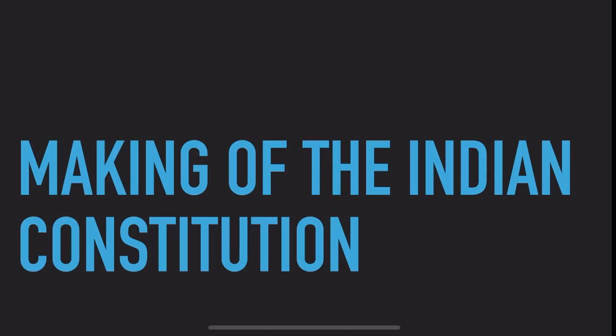Making of the Indian Constitution. The Constitution, as you all know, is a set of laws and rules setting up the machinery of the government of a state or a country, which defines and determines the relationship between different institutions and areas of government, that is executive, legislature, judiciary, central, regional, local government.